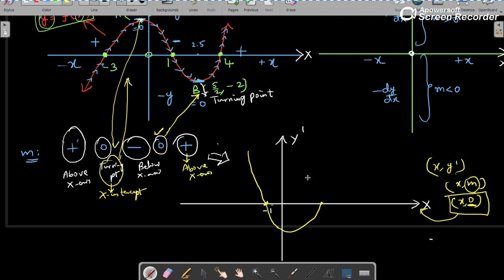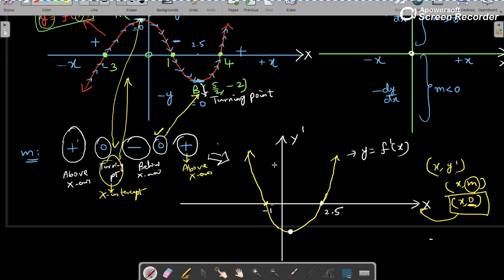So it has to go something like this. Now this is just how we sketch the gradient graph, but it's not an exact graph because you don't know its exact points. So you can have just a rough sketch, but not exactly the graph drawn.